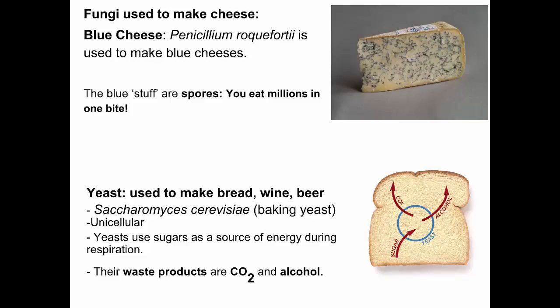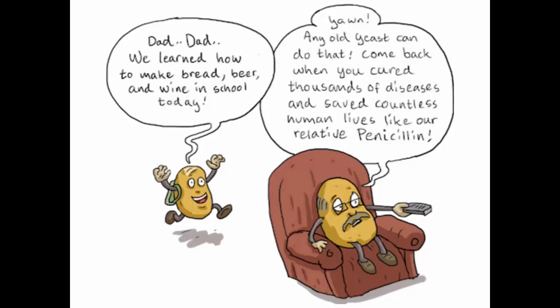And yeast consumes sugars in the dough or in the liquidy mixture, and converts them into carbon dioxide and alcohol. Okay? The bubbles of carbon dioxide formed by that yeast are why dough rises. It's why beer is carbonated. Okay? And it's why it's alcoholic, because those are the byproducts of the fermentation that happens in these yeast.